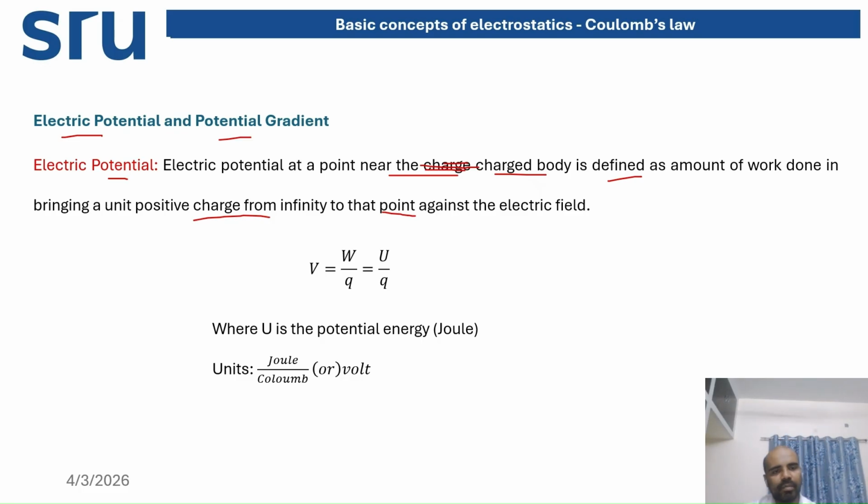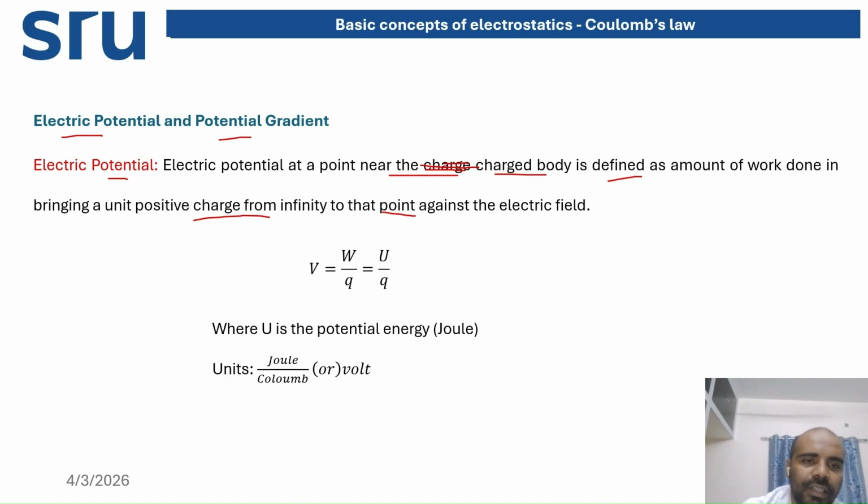So what is the definition of electrical potential? That is the amount of work done in bringing a unit positive charge from infinity to a particular point near the charged body, right? Hope it is clear now.